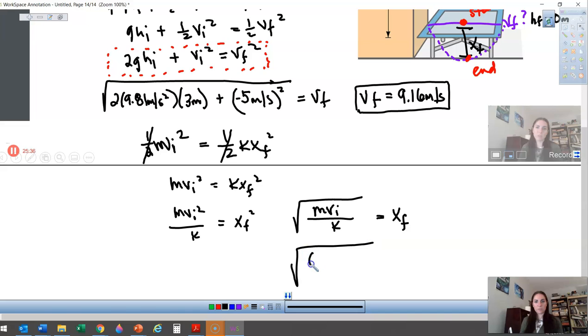The square root of 65 kilograms, sorry, that's an unclear 65, times the initial velocity, which is the final velocity from before.